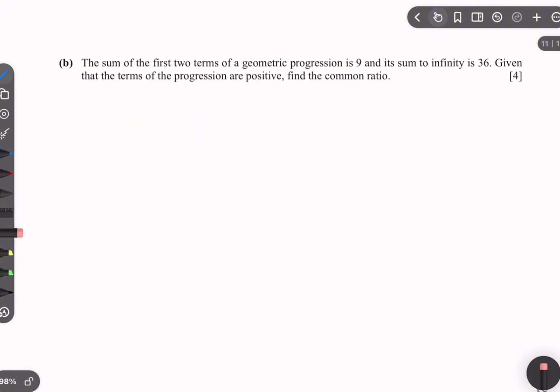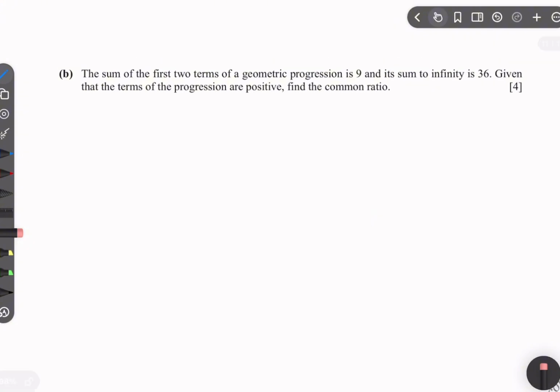Okay, so for part B, the sum of the first two terms of a geometric progression is 9, and its sum to infinity is 36. Given that the terms of this progression are positive, find the common ratio. Firstly, we can use the nth term formula for geometric progression.